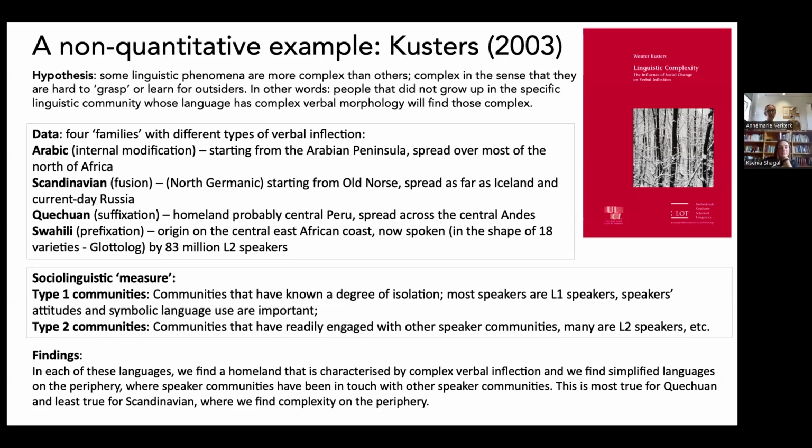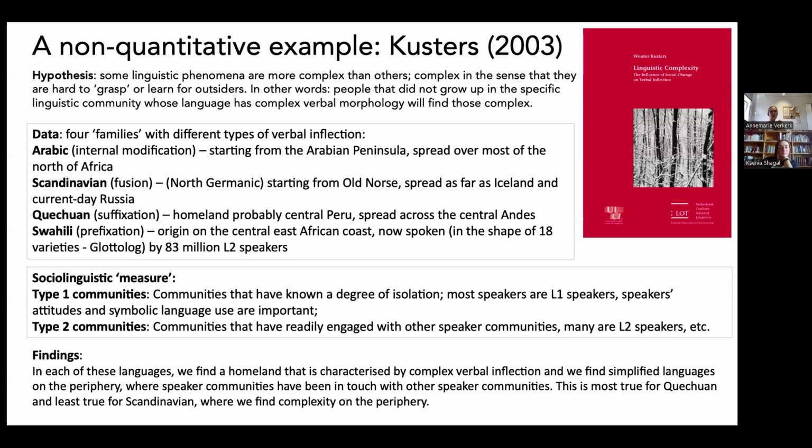And what he means is that complex is in the sense that they are hard to grasp or learn for outsiders. And this has an effect, and the society that these languages are spoken in has an effect on what these phenomena look like.